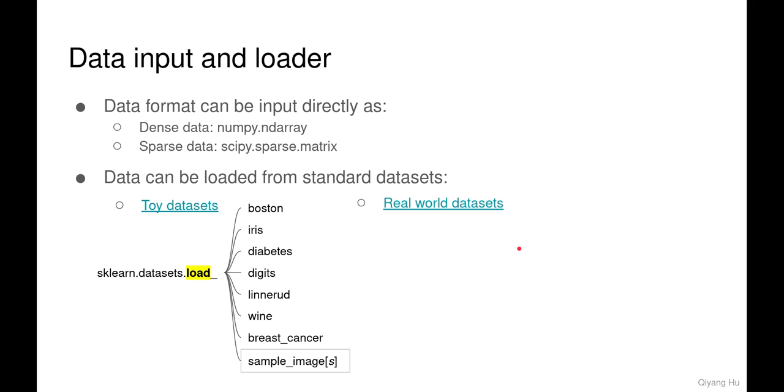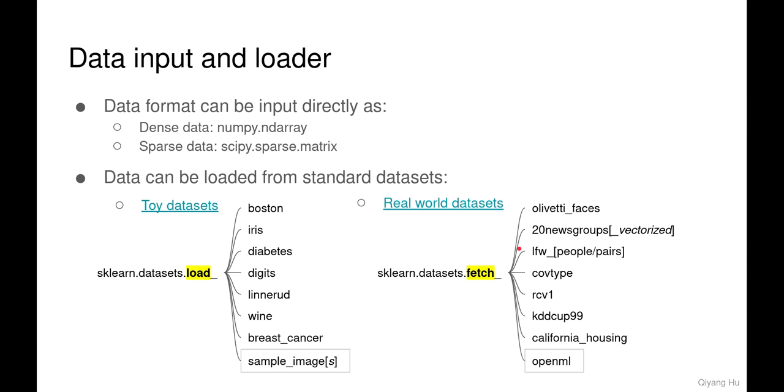Other standard datasets provided by Scikit-Learn are what we call real-world datasets. Those datasets are relatively large compared with the toy datasets, so Scikit-Learn does not actually include the data itself in the package. It provides datasets.fetch_ with the name of the dataset, and lets you download it whenever you need it.